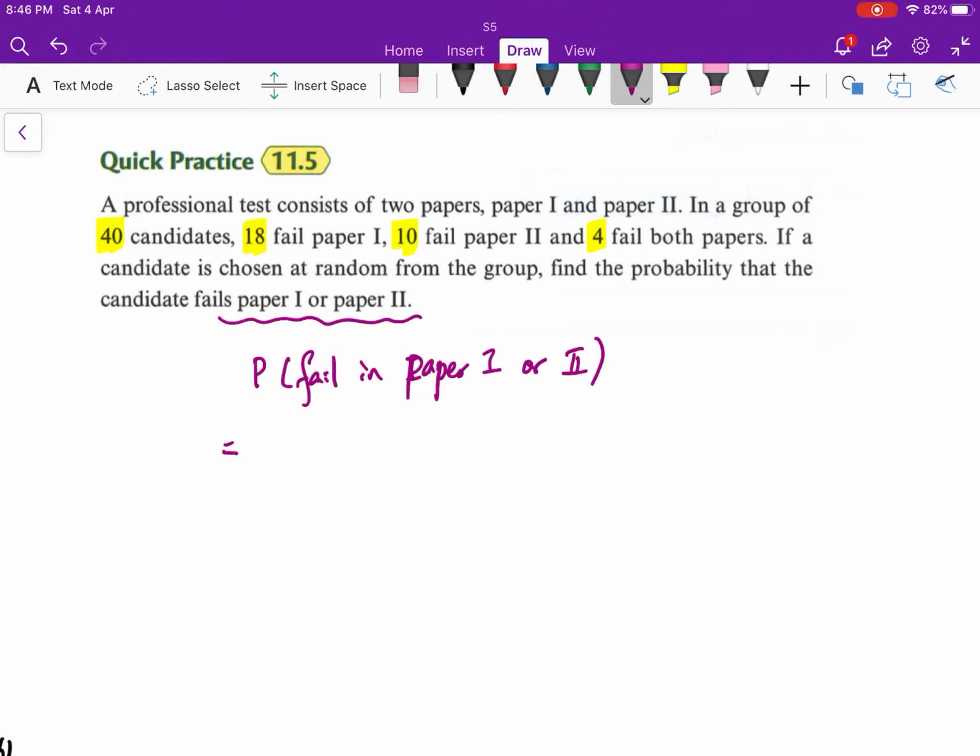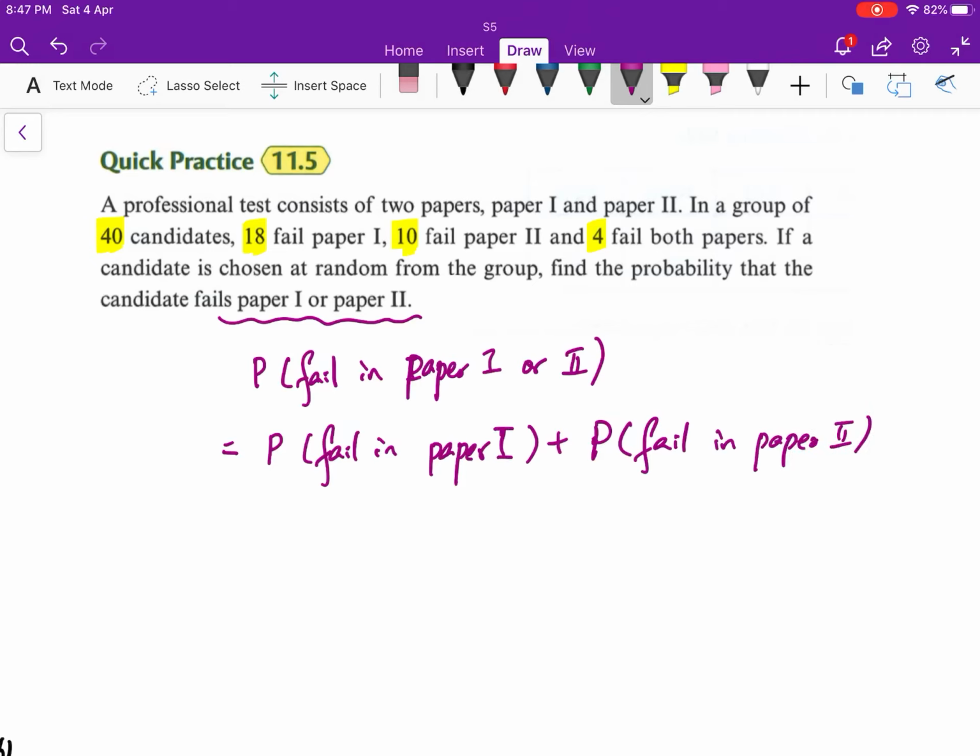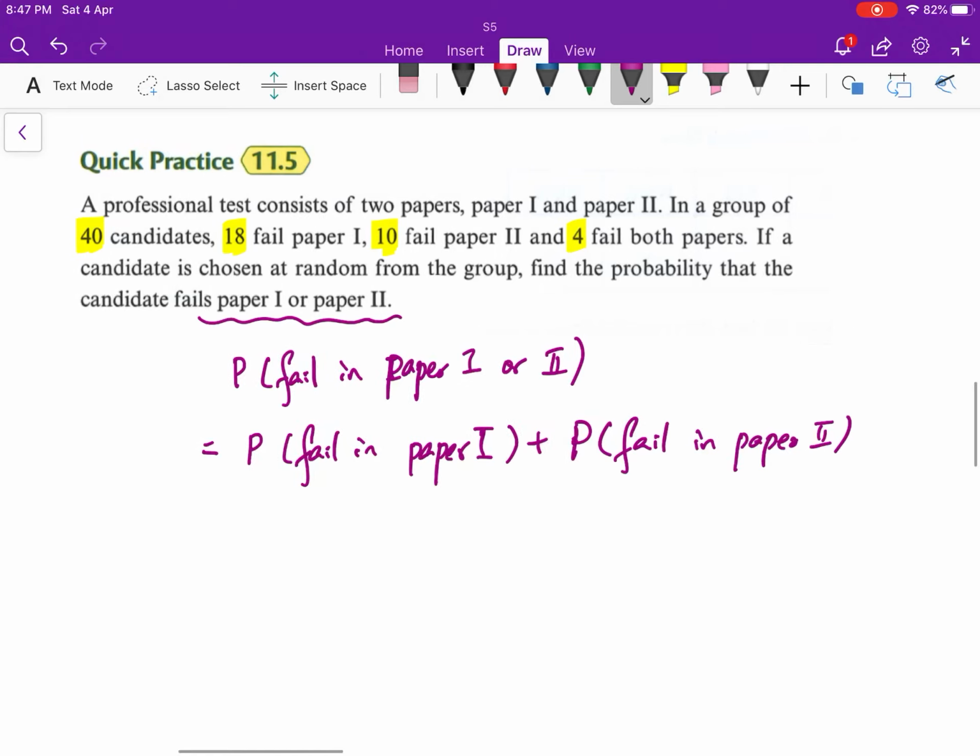Of course, very easy one is probability of failing in paper 1 plus the probability of failing in paper 2, right? Just separate them. But the point is, have you defined that they are mutually exclusive? What if they are non-mutually exclusive? So every time when you do the question, please think about which type they belong to, okay?